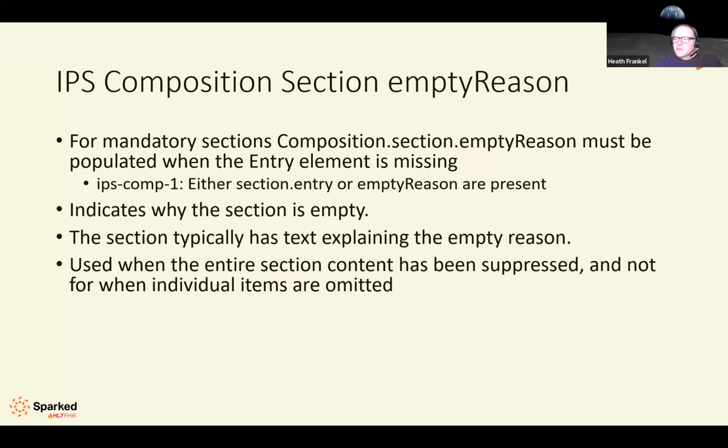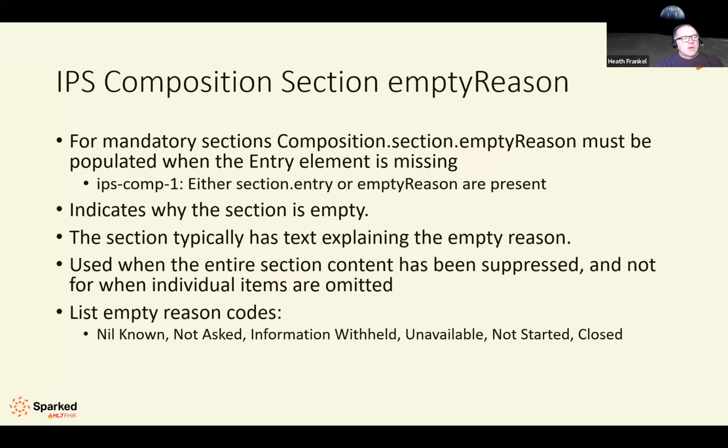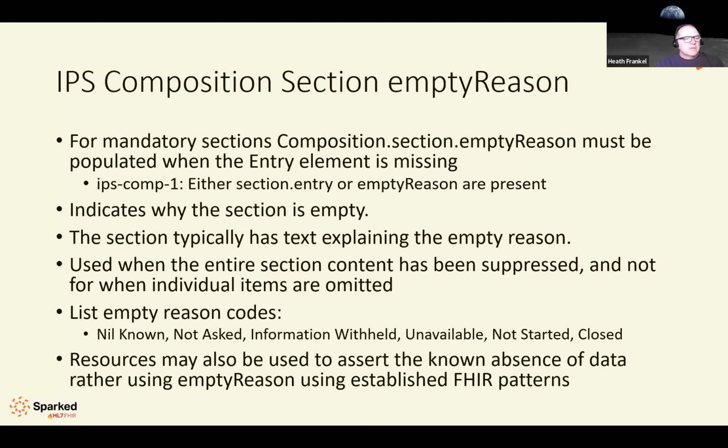So if all conditions are missing for some reason, then that's when we use this empty section reason. But the text is still going to say there is no conditions or no information known. Some of the codes are nil known, not asked, information withheld, unavailable, not stated. Not sure what closed means. I'd have to have a look at the spec.